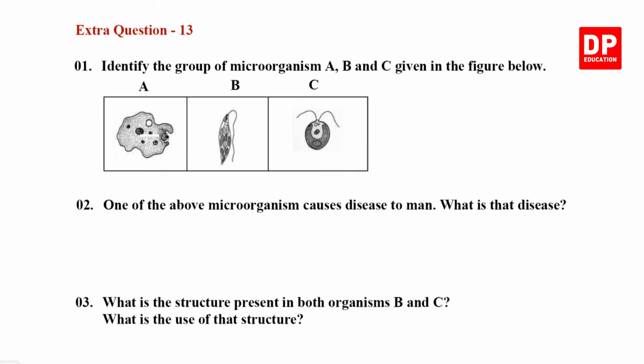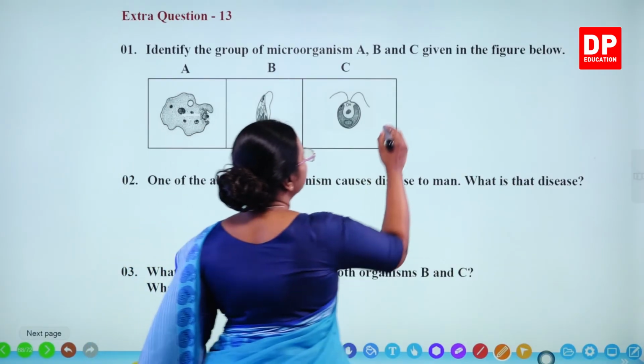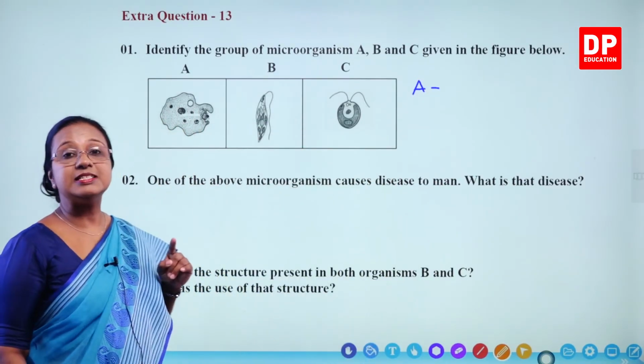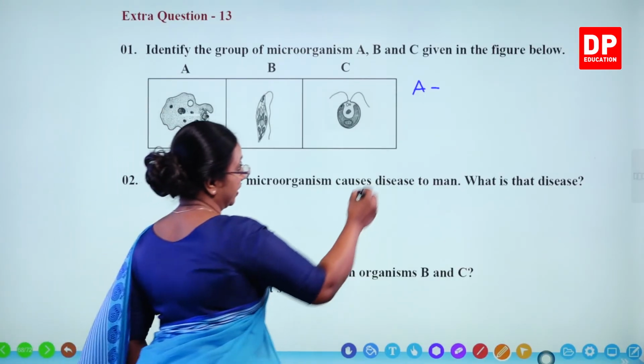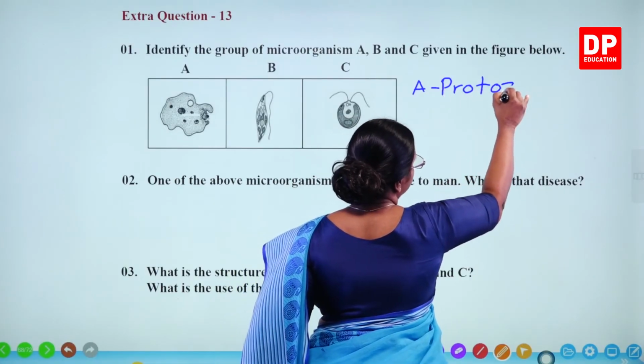13. Identify the group of microorganisms A, B and C given in the figure below. So you need to identify the group only. What is A? You can see it is amoeba. So what is the group? It is a protozoan. So here we can say it is a protozoan.